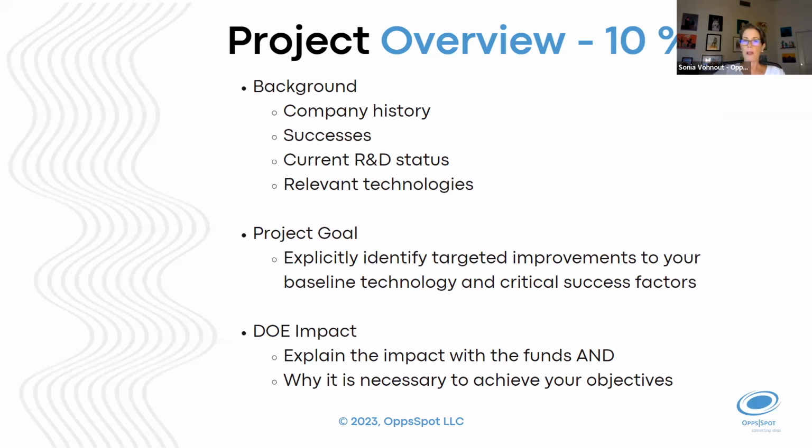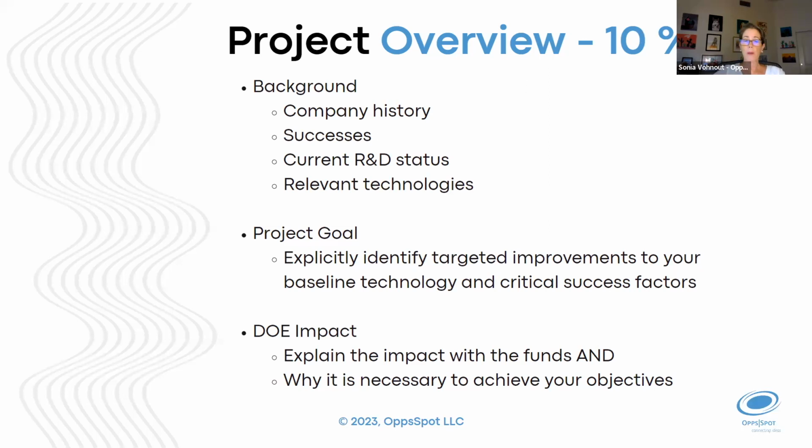And are there any relevant previous work, current work, or technologies that you have? So this is your bragging rights here as well as your team, right? And what are you looking to accomplish? So be explicit as to what you are going to accomplish in terms of improvement and your success criteria.